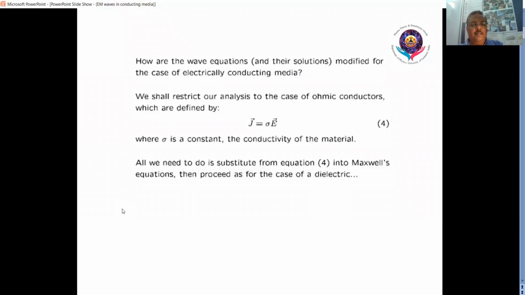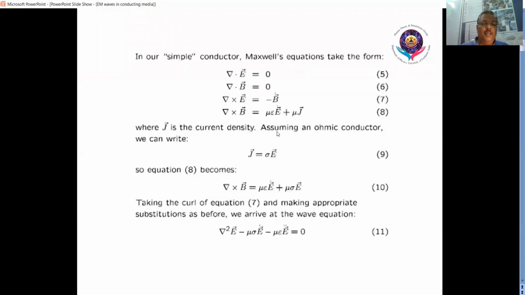And in such conductors, the current density is given by the product of the conductivity and the electric vector E. Under these circumstances, the four Maxwell's equations take this form, as represented in equations 5 to 8.